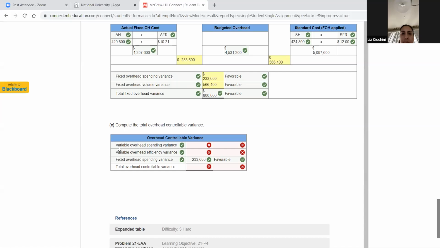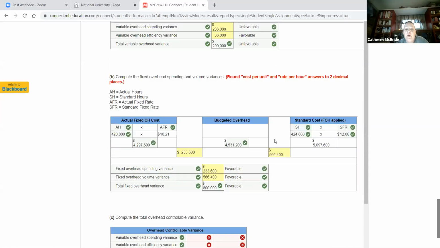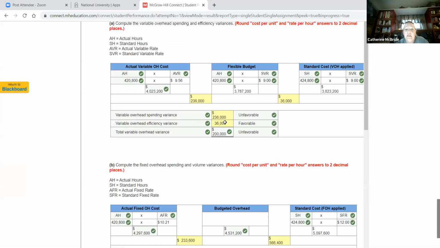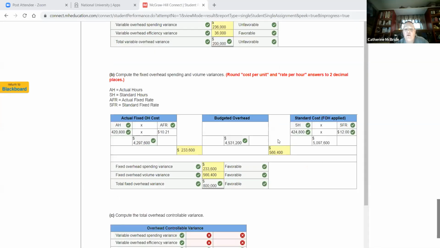Okay, so you've already done this work. The variable overhead spending variance and efficiency variance are right here. This is the overhead spending variance and the efficiency variance. Okay, these two. I see what you're saying. All you're doing is putting them down here and separating them so that you're looking at only the ones that you have control over.